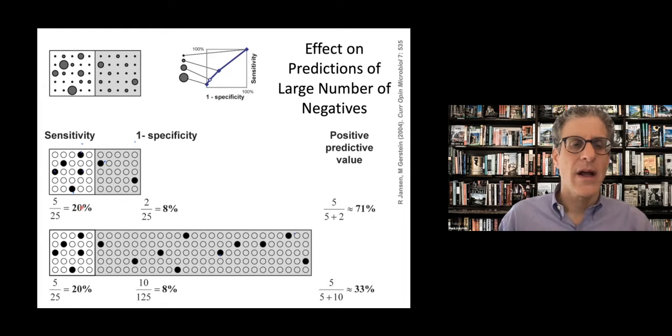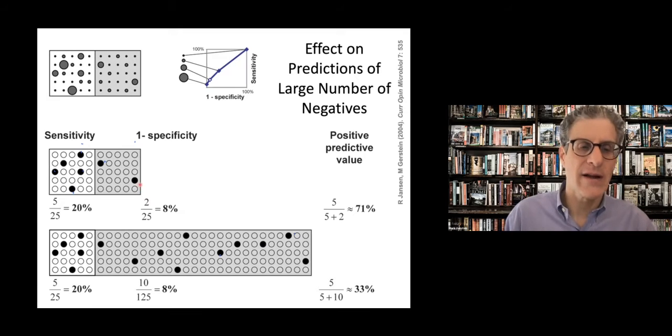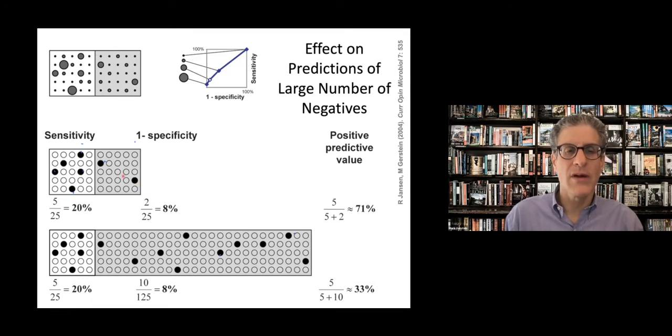So we get a sensitivity of about 20%. And we can look at our specificity too, which is the number of things that we get wrong, which is 2 here of 25. That's 8%.